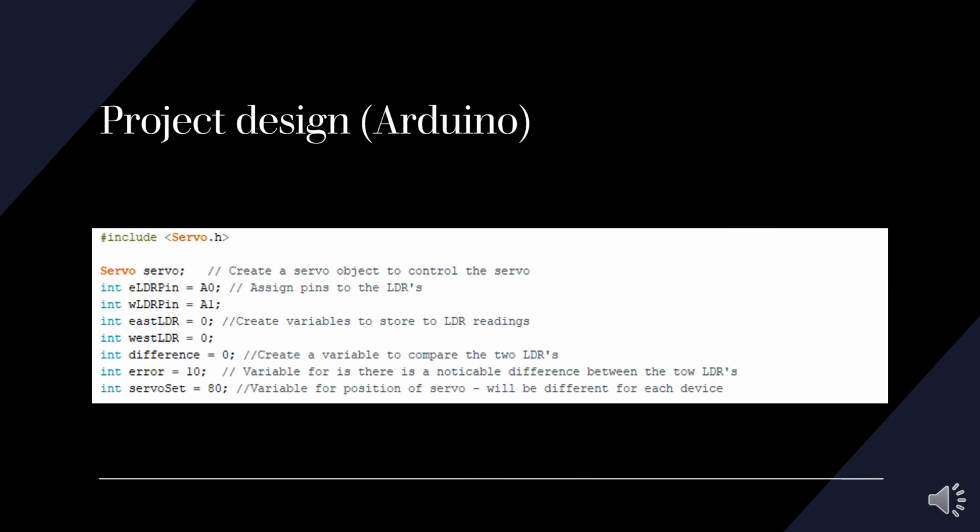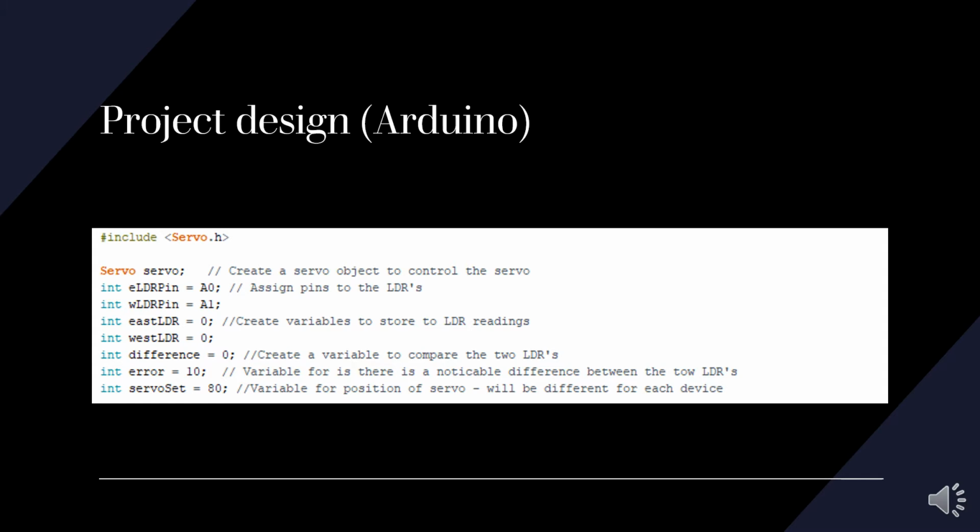Okay, as we are using an Arduino, here's the coding part and I will explain it. As you can see in this slide, it shows all the declared variables such as ELDR pin and WLDR pin, where E and W stand for east and west, and these two variables are assigned pins for the LDR.